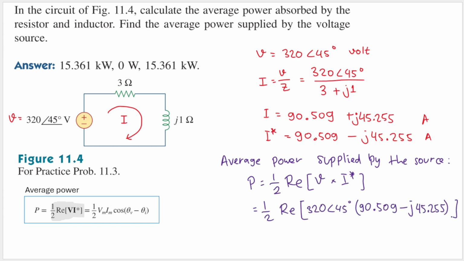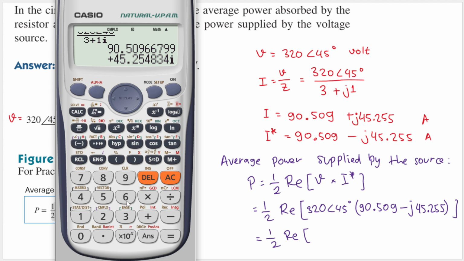Okay, and I think this is the task of our calculator. So we need 1/2 the real part of 320, and then the angle is 45. The unit is already in degrees, so let's just move on. So we'll have multiplied by 90.509, and then minus 45.255i.